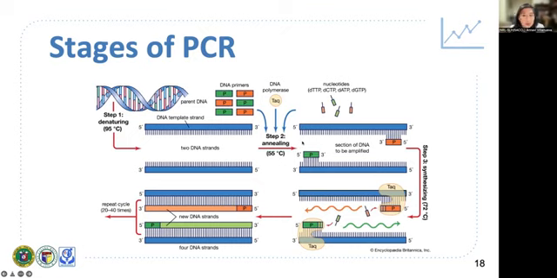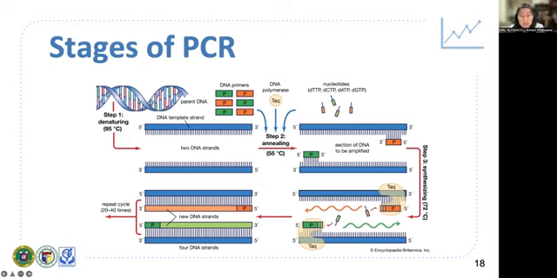So in your annealing, what happens is that given this temperature, it allows your primers, your forward and your reverse primers, to actually anneal or to bind to the flanking regions of the target DNA. So nagbabind sila doon sa complementary target region ng DNA mo.